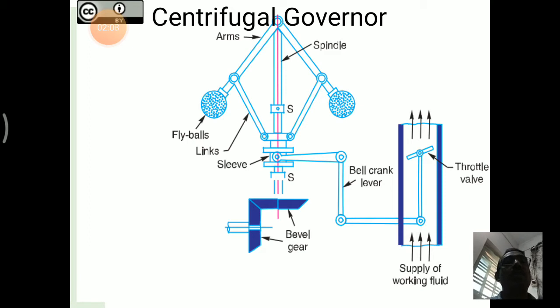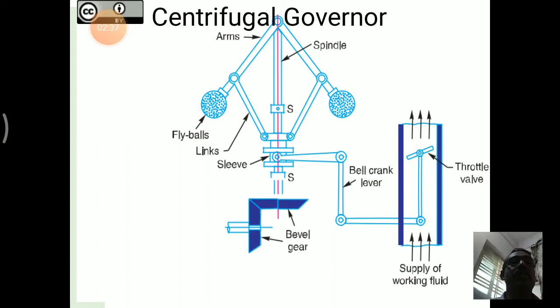Sleeve is also mounted on the spindle, and this spindle is connected to the engine shaft by means of bevel gear. To this sleeve, a bell crank is connected, and the bell crank is finally connected to the throttle valve, and this throttle valve controls the fluid supply to the engine.